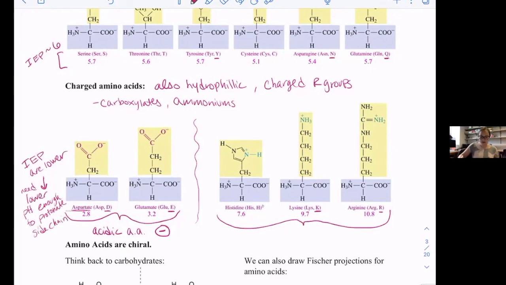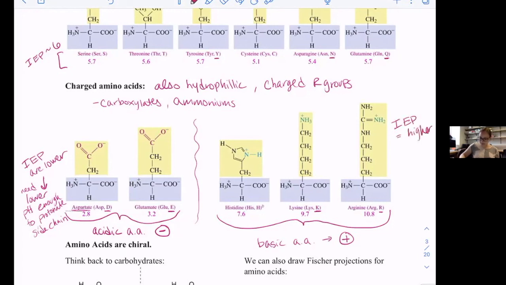And then when we're looking on the other side at the ammonium-based charged amino acids, it'll be the opposite. So we have more of a basic amino acids. And so these will have a positive charge associated with them at our neutral pH. So the isoelectric points are much higher.